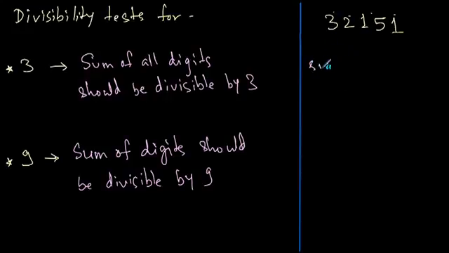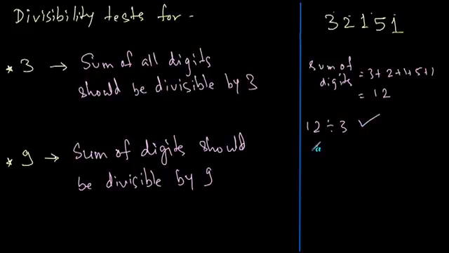So the sum of digits is 3 plus 2 plus 1 plus 5 plus 1. So 3 plus 2 is 5 plus 1 is 6 plus 5 is 11 plus 1 is 12. So 12 is divisible by 3, but 12 is not divisible by 9. So this number is divisible by 3 but not divisible by 9.